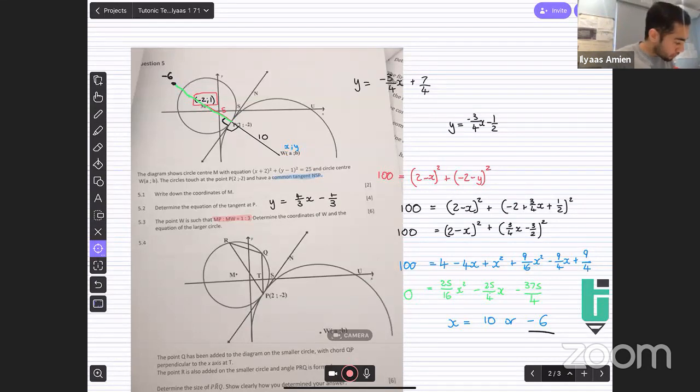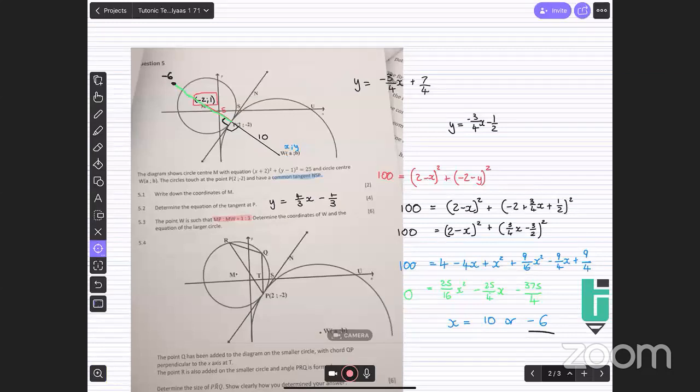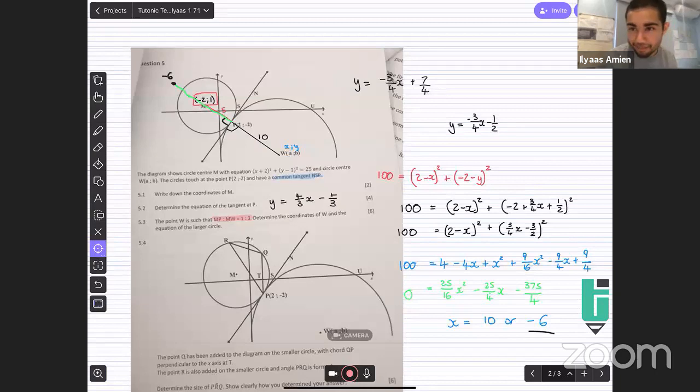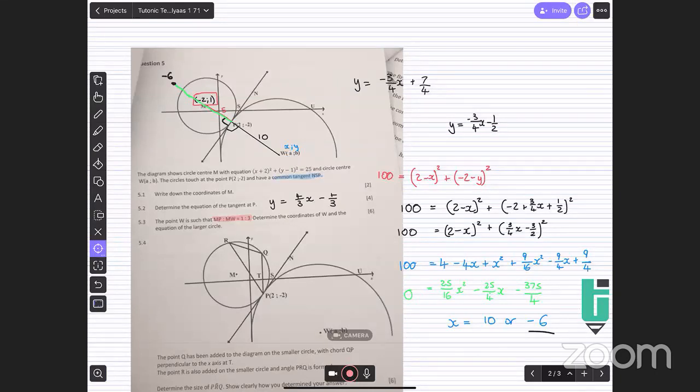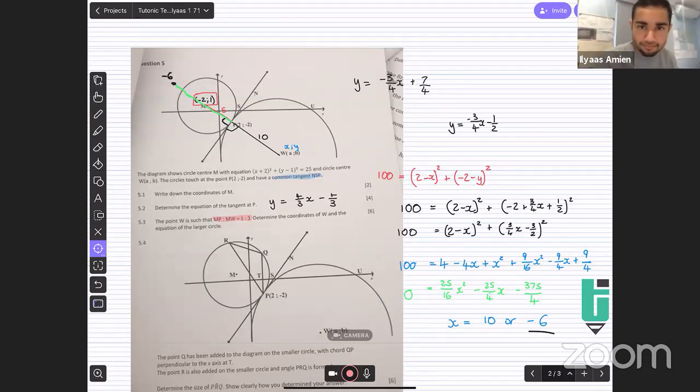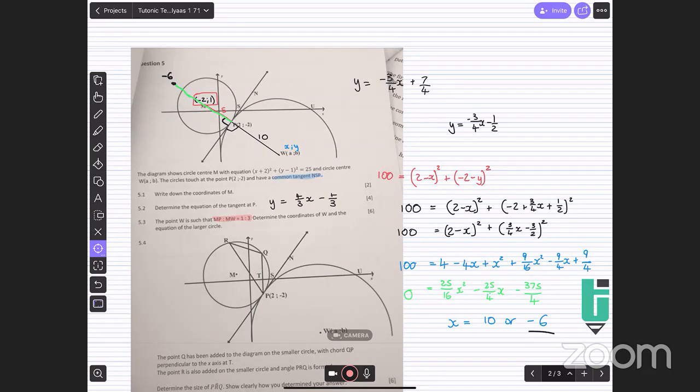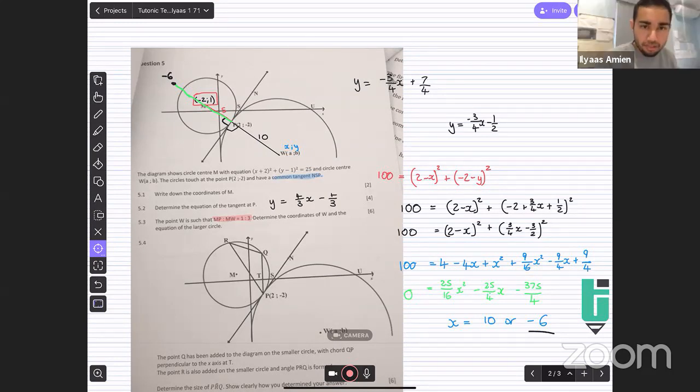Okay, so what's the coordinates of W? How would you find the coordinates? Amaro? Yes. The coordinates of W, we have x, right? And then for y we just sub it into this formula that we got for this line. Then we'll get what?